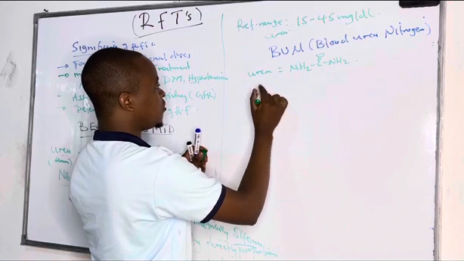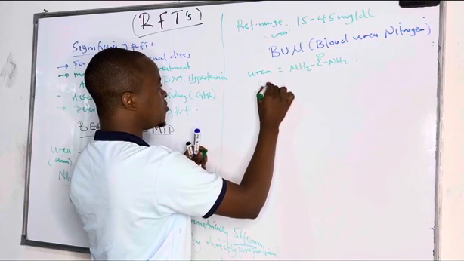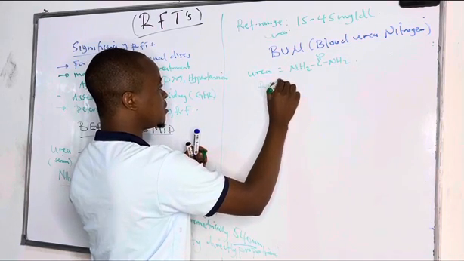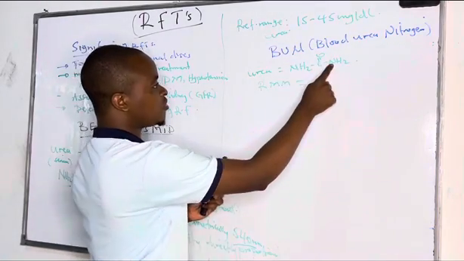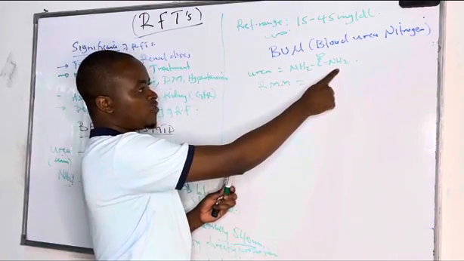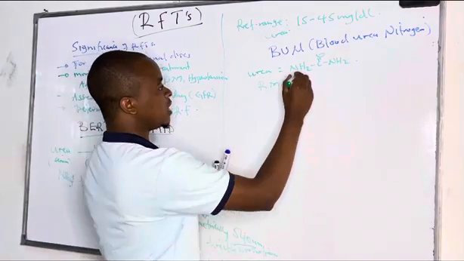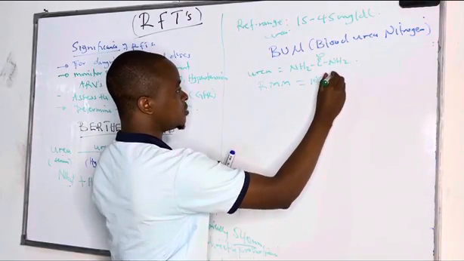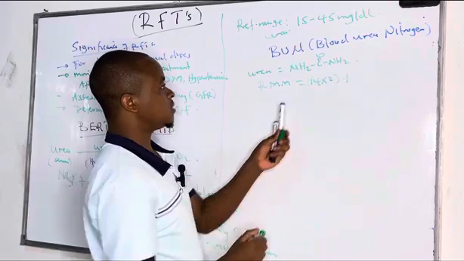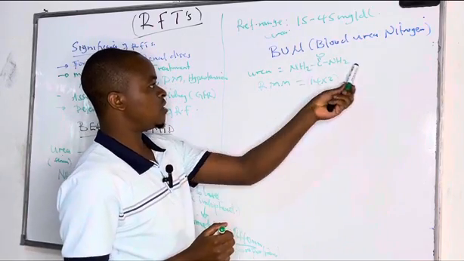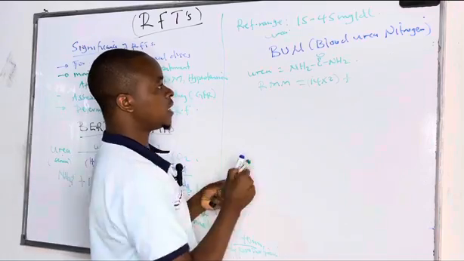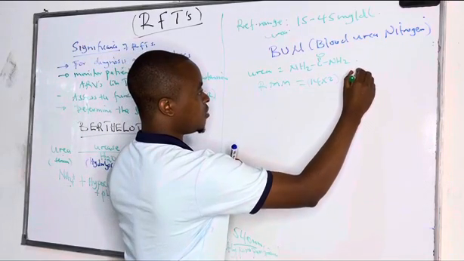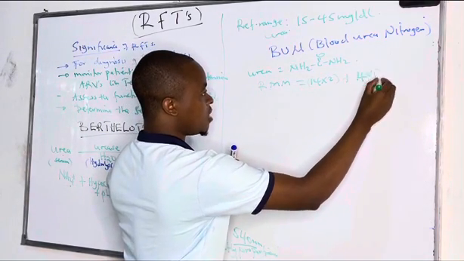So we can calculate the relative molecular mass. We have two nitrogens, and the atomic mass of nitrogen is 14, so we get 14 times 2, plus hydrogen. I'm seeing 4 hydrogens, and the atomic mass of hydrogen is 1, so 4 hydrogen times 1.